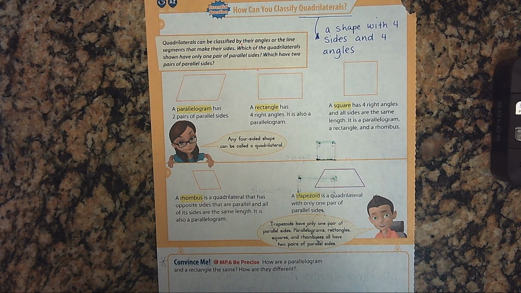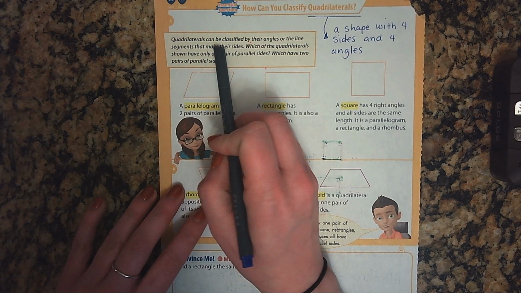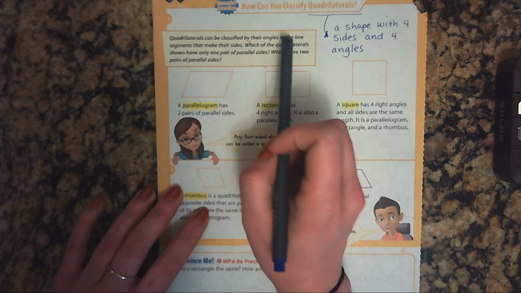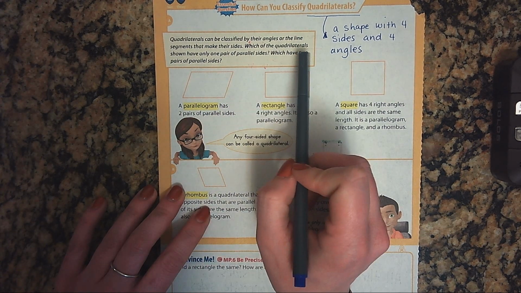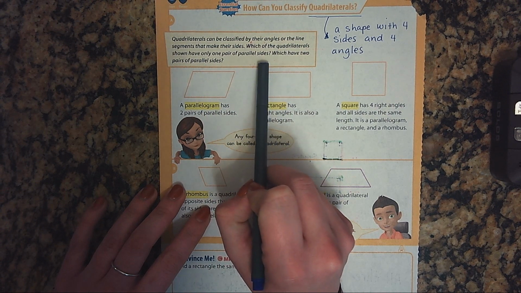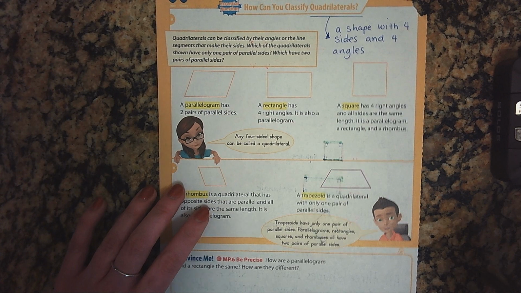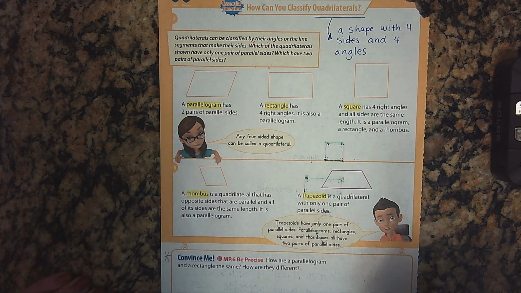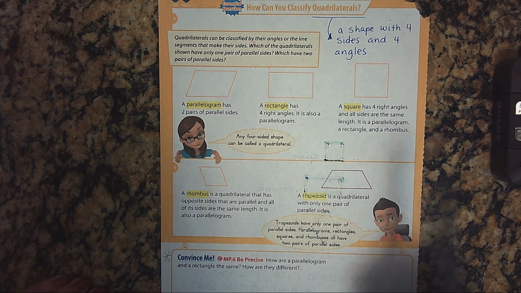All right, so let's begin with how can you classify quadrilaterals? Quadrilaterals can be classified by their angles or the line segments that make their sides. Which of the quadrilaterals shown have only 1 pair of parallel sides, which have 2 pairs of parallel sides? There is one shape out of these 5 that is not a parallelogram.